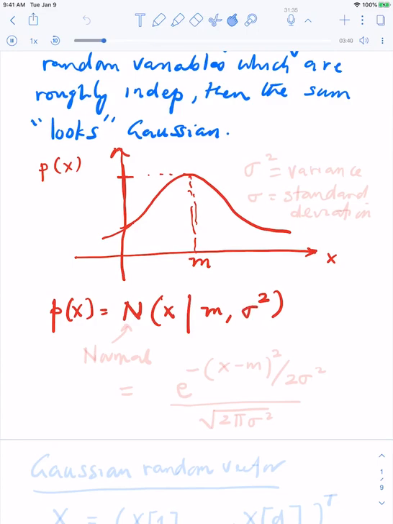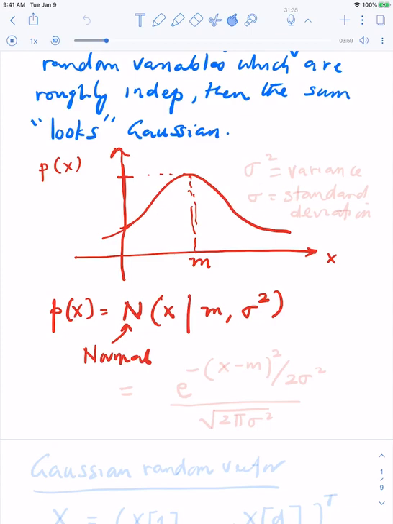A Gaussian random variable is often also called normal. So the N is for normal. A normal density with mean m and variance sigma squared.